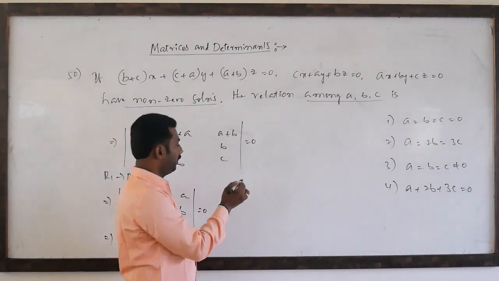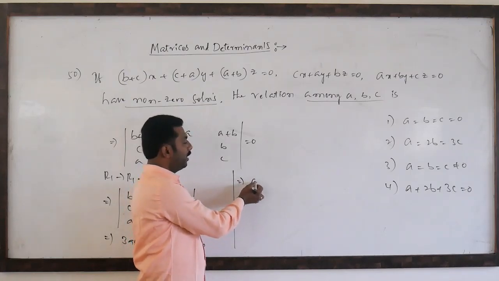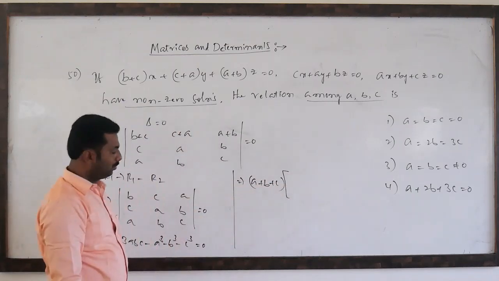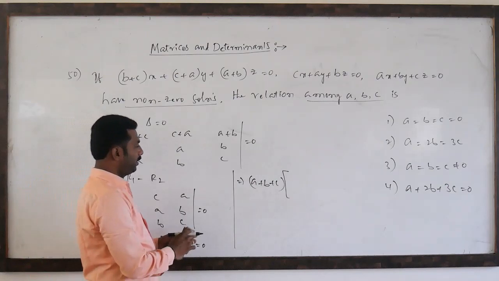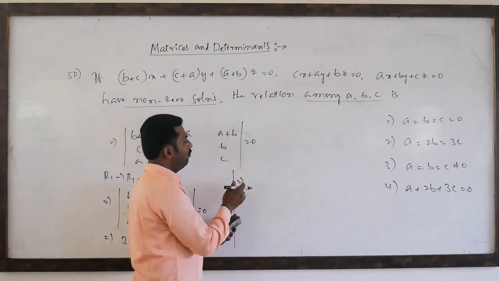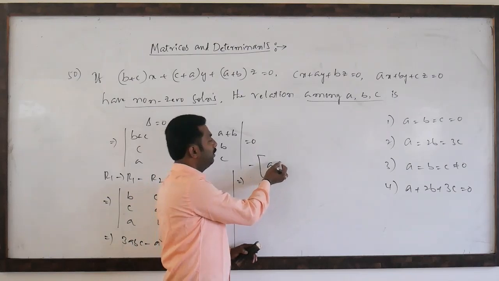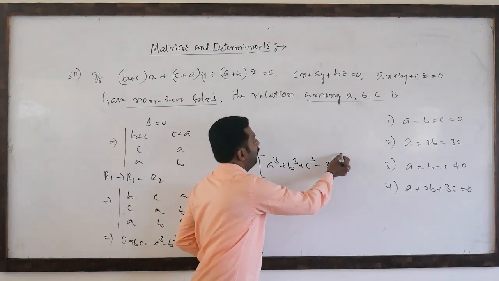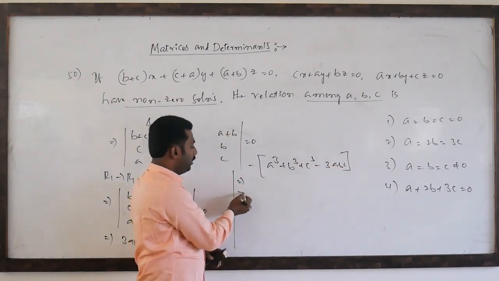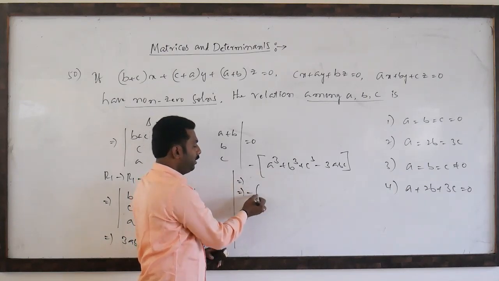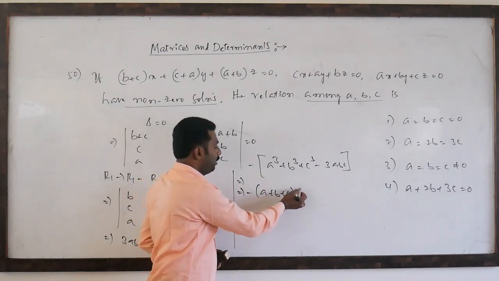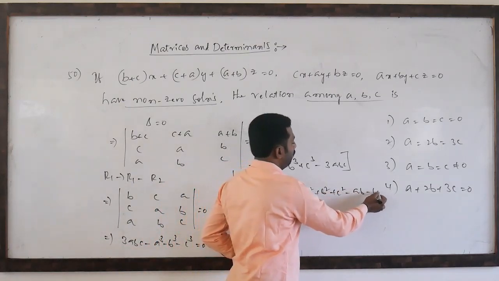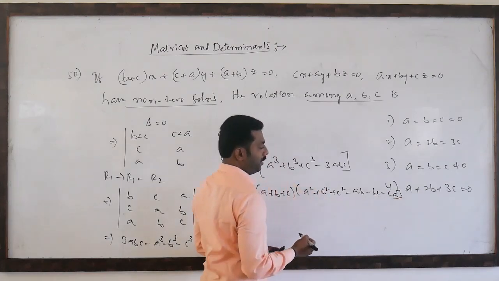This can be written, taking minus common, as minus of a cubed plus b cubed plus c cubed minus 3abc. From this, I write it as a plus b plus c into a square plus b square plus c square minus ab minus bc minus ca.